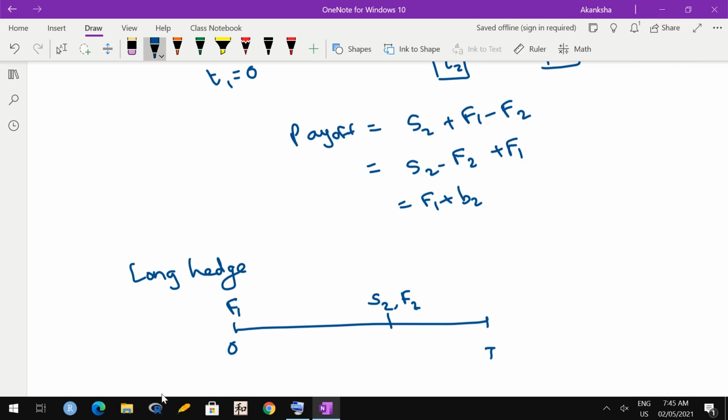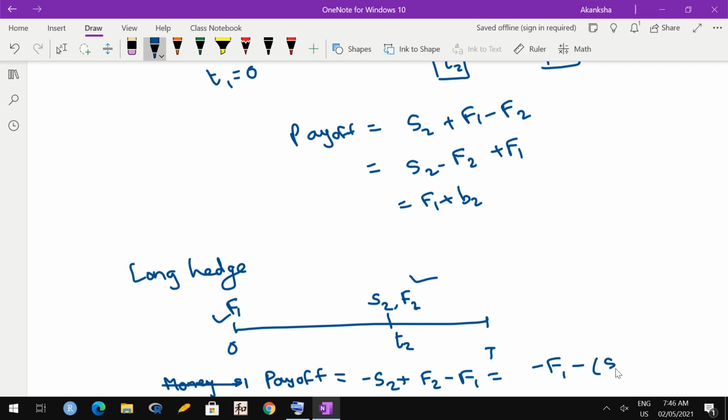So they buy at S2, so the payoff here is, at time T2 they buy by paying S2, so minus S2 because the money has gone from their pocket, and then at capital T they have to buy with this and sell with this. So sell with this means plus F2 and minus F1. So this becomes minus F1 minus S2 plus F2 again. So the payoff is minus of F1 plus B2. Opposite payoff.